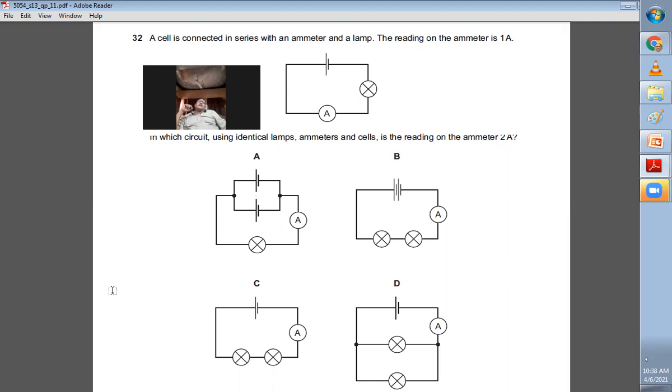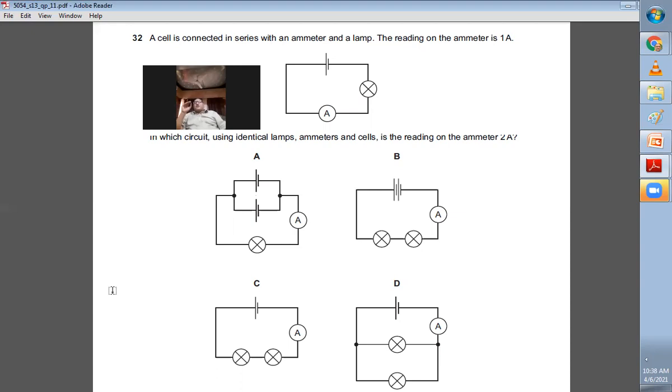Another very good method is if you use a single cell, but the resistance of the whole circuit should become half. And how is that possible?